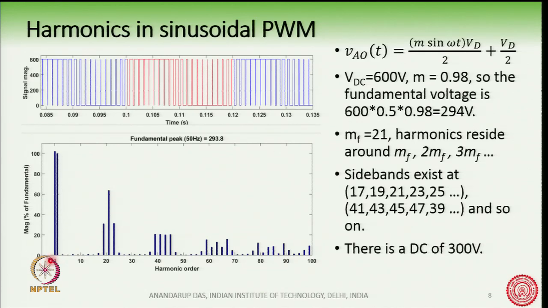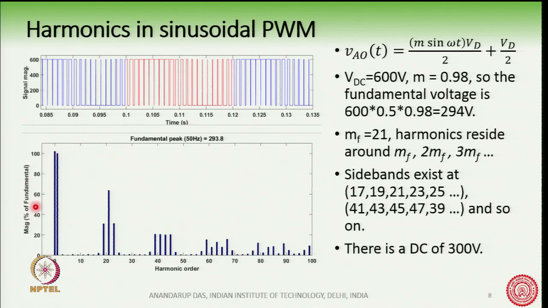On the lower curve, this is the harmonic spectrum. Okay. This curve here shows the harmonic spectrum, and the 0th harmonic, that is the DC, as expected is equal to Vd by 2, which is 600 by 2, that is 300 volts, which is here.